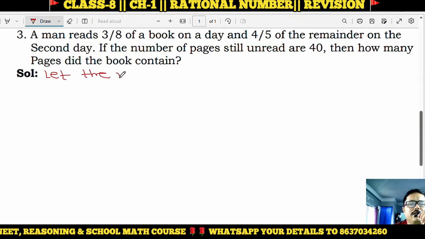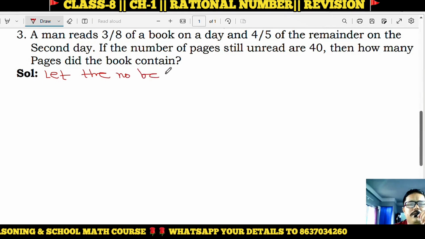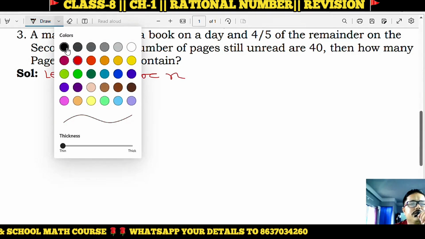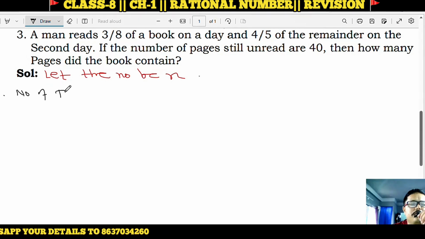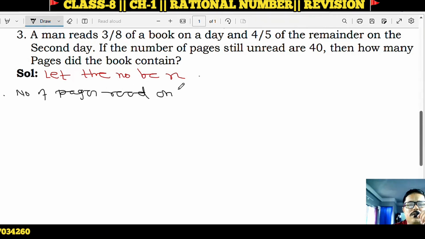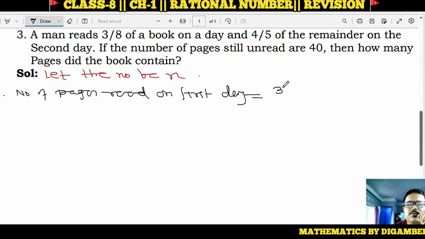So let the number be x. Therefore, the number of pages read on the first day will be equal to 3 by 8 of x, that means 3x upon 8, right?